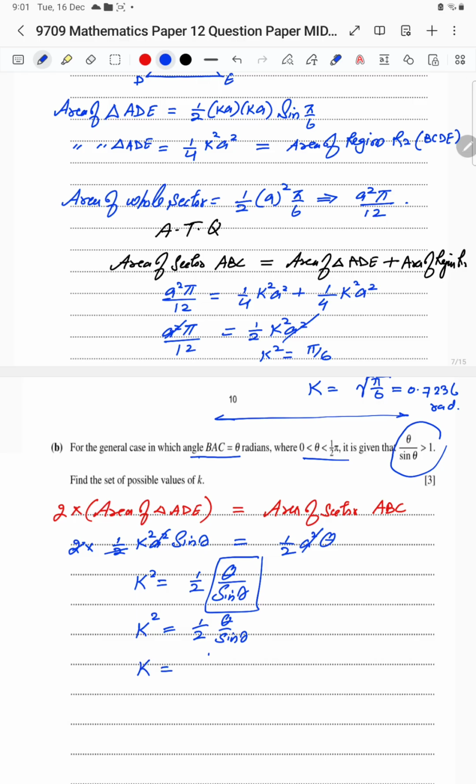So k will be the square root of 1 by 2 times theta over sine theta.